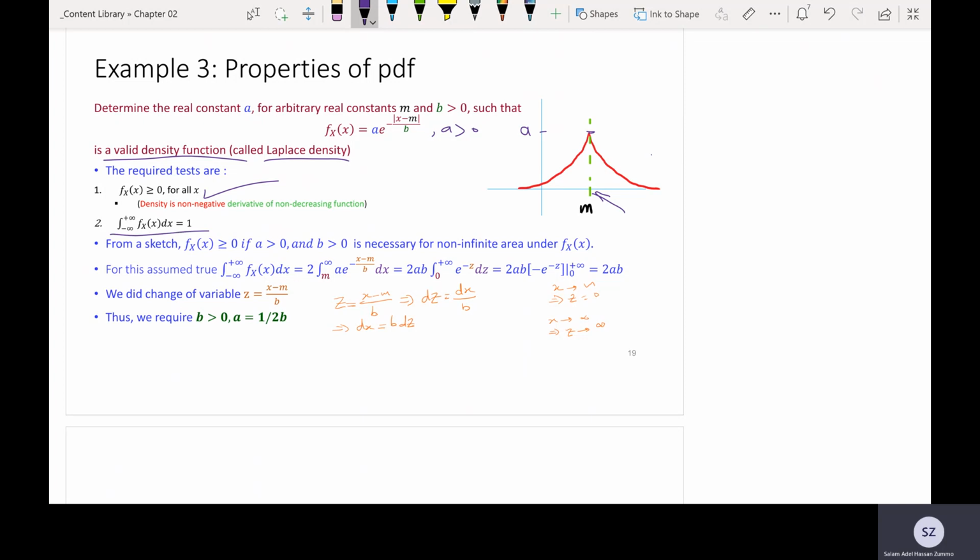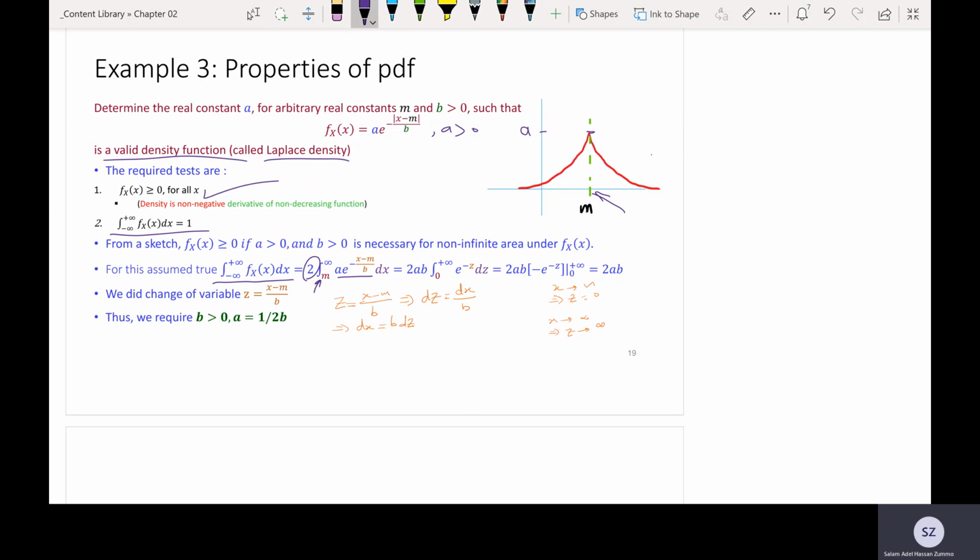Now the second, whether it integrates to 1 or not. In order to find this, you need to find the area under the curve. So simply you need to integrate from minus infinity to infinity of the PDF. It's a simple thing. This is symmetric. You can integrate from minus infinity to infinity, but because it's symmetric, you can integrate one way and multiply by 2. We integrate from m to infinity and multiply by 2 of this.